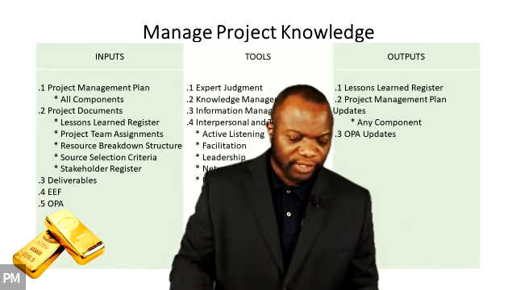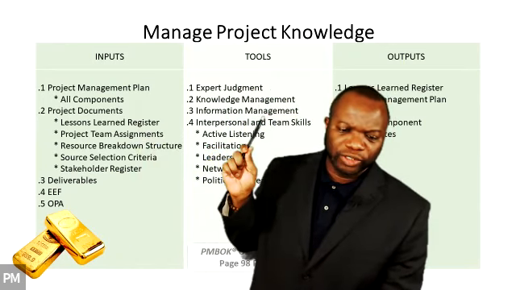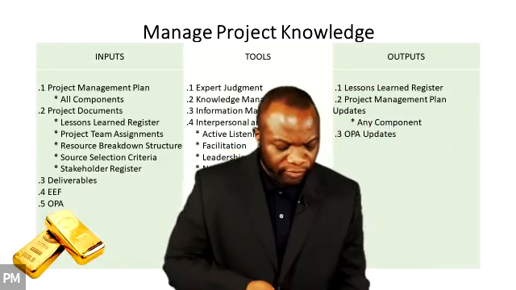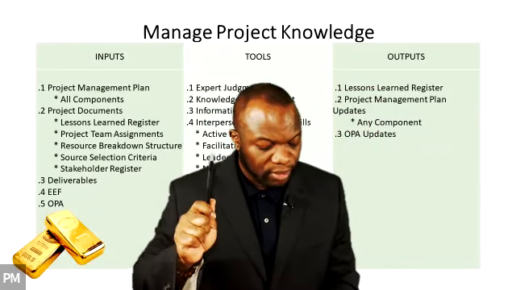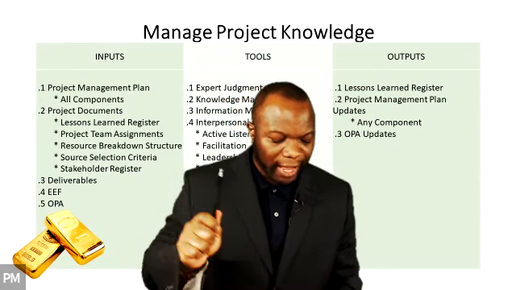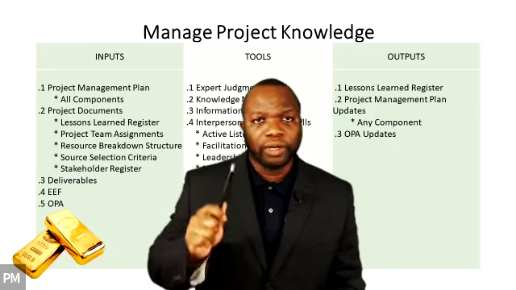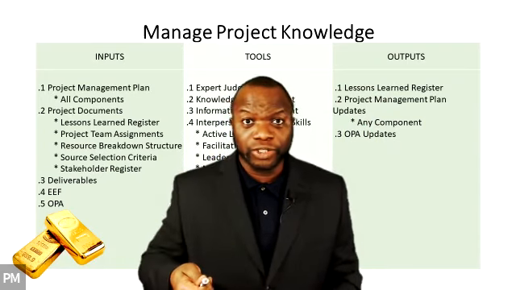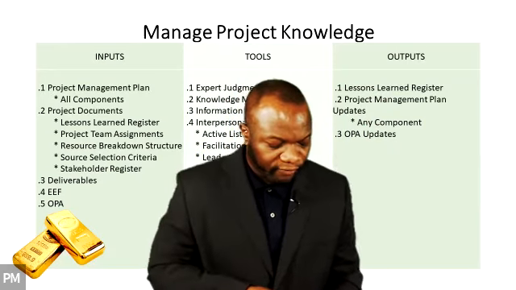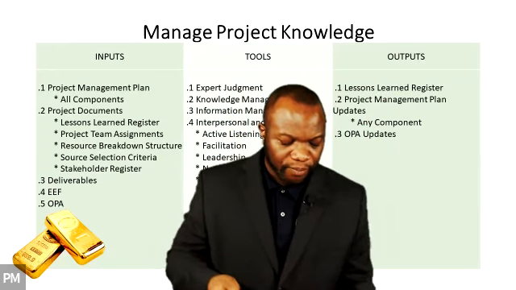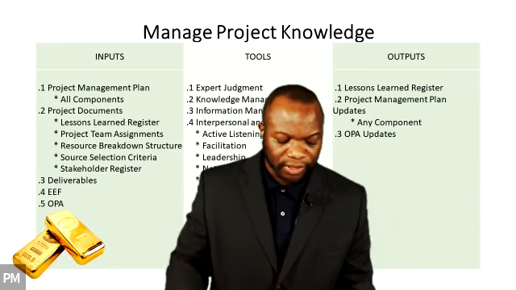Next one here is information management. So information management, watch the difference here. It says information management tools and techniques are used to create information and connect people to information. Knowledge in the head, information in a repository. You see that? They are effective for sharing simple, unambiguous, codified, explicit knowledge.